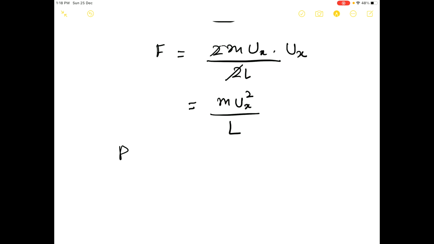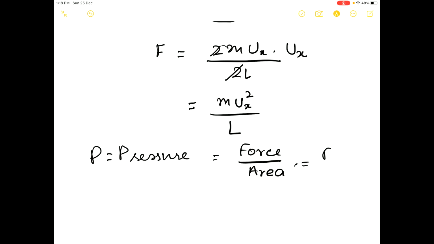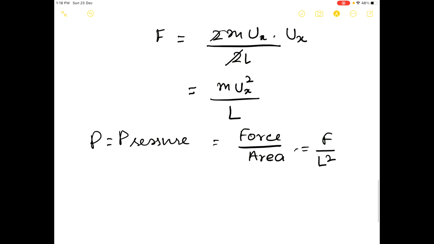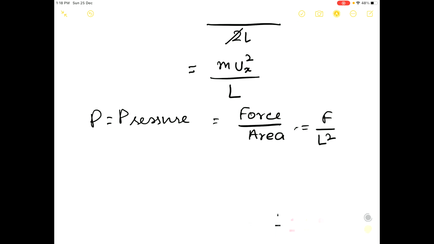Now pressure. What is pressure? P is force per unit area, and the area of a face is L square. So P is equal to mux square divided by L, divided by L square.